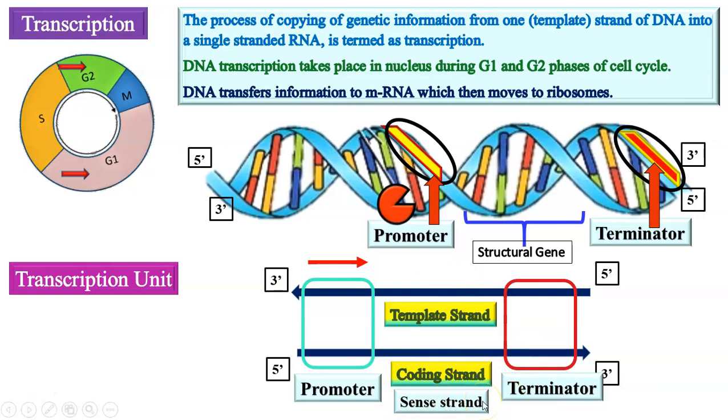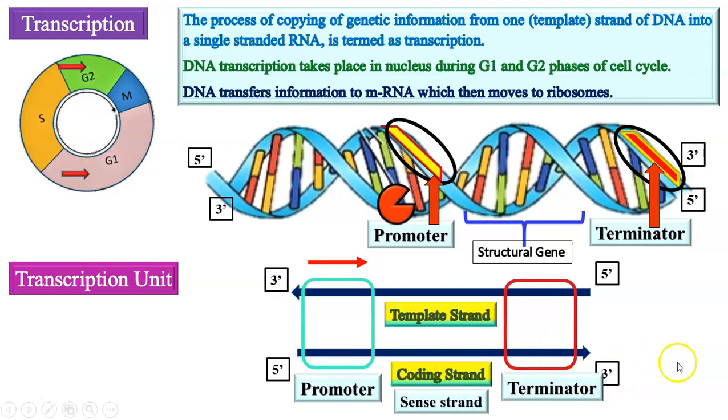The sequence of nitrogen bases in the messenger RNA will be almost the same as in the coding strand, except the messenger RNA will have thymine replaced by uracil. The terminator is located at the 3' end of the coding strand, that is downstream. It marks the end of the transcription process.